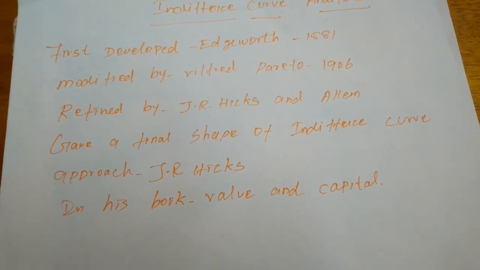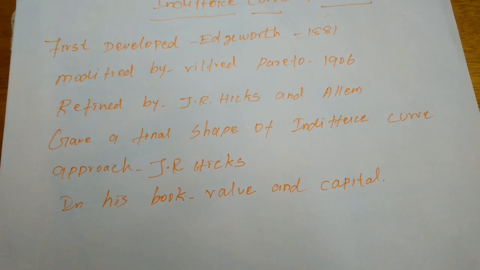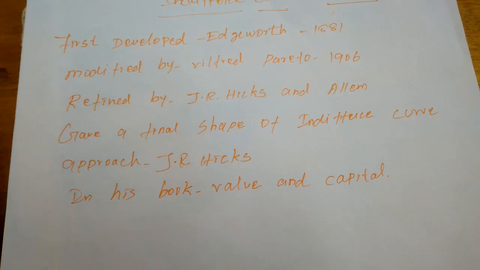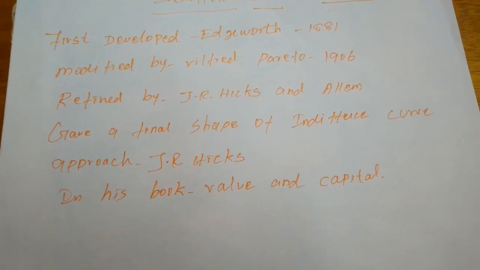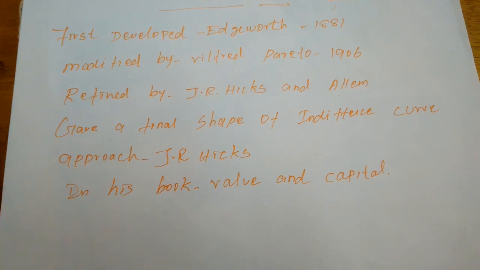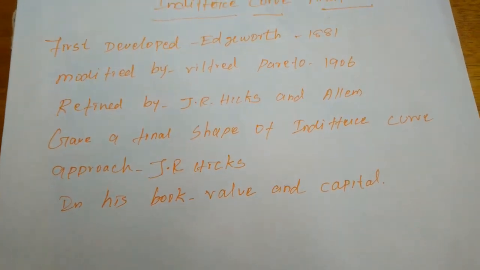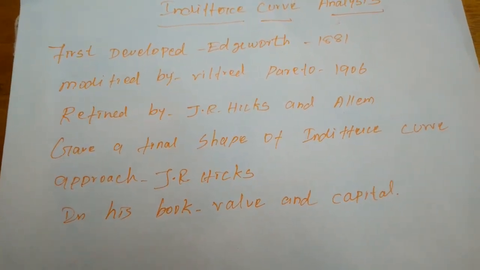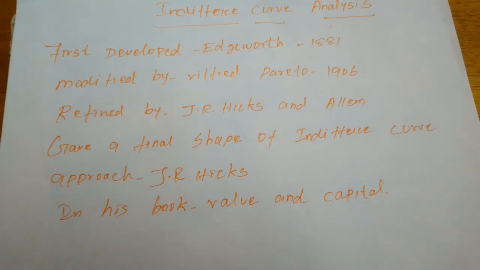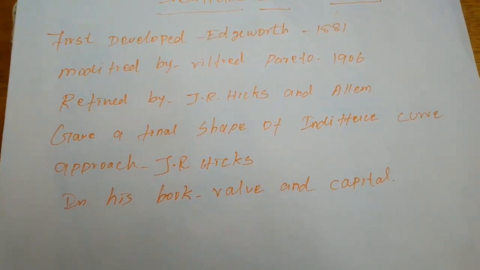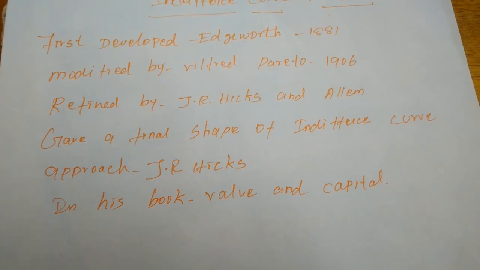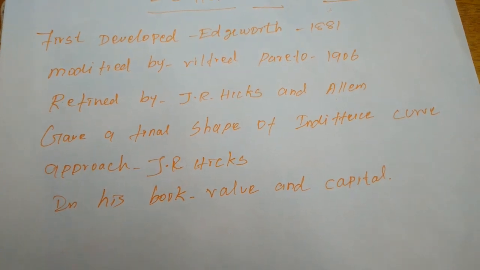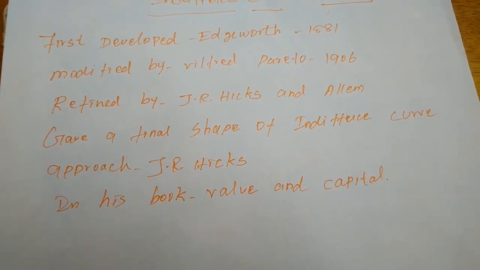Here the utility is measured by the ordinal method, not the cardinal method. If we want to measure our utility, we can arrange the orders: first A, B and C, or the Roman letters 1, 2 and 3. Within Roman letter 1, we think our utility is very small, and in the second our satisfaction increases, better than the first.